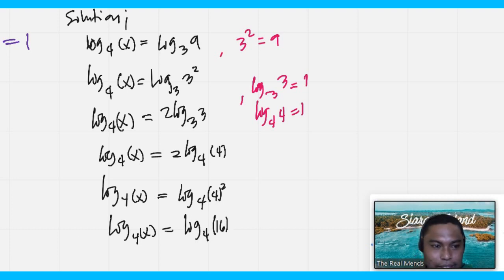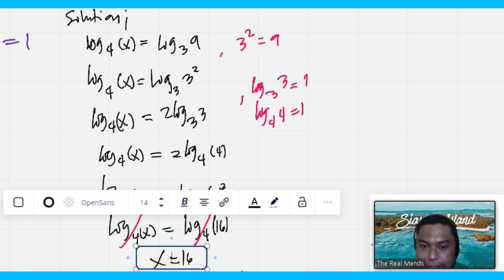They have a common base of 4, so cancellation takes place. Therefore x is just equal to 16. So 16 is our answer.